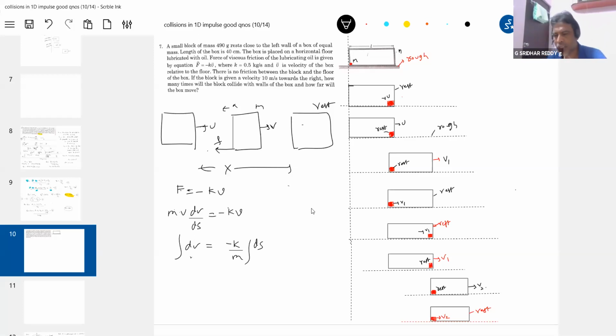Can we calculate the total distance moved by the box? This should be equal to initial velocity u, final velocity 0, it comes to rest, and s from 0 to S. So this should be 0 minus u equals minus k by m S, or S equals mu by k. This is the total distance moved by the box.